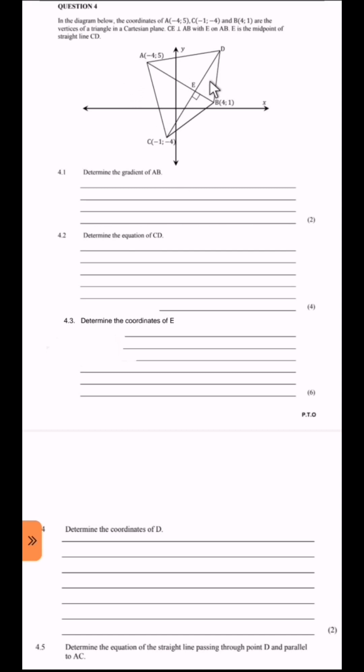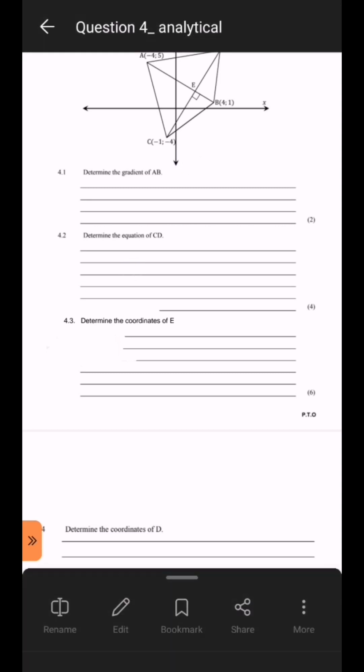So this is AB. We're going to use the coordinates of AB to find the gradient. I'm going to first write down the formula for you.